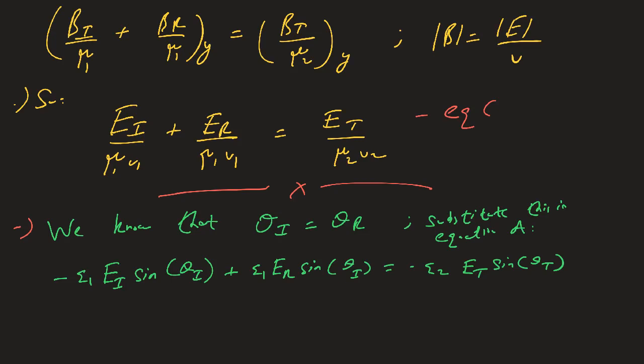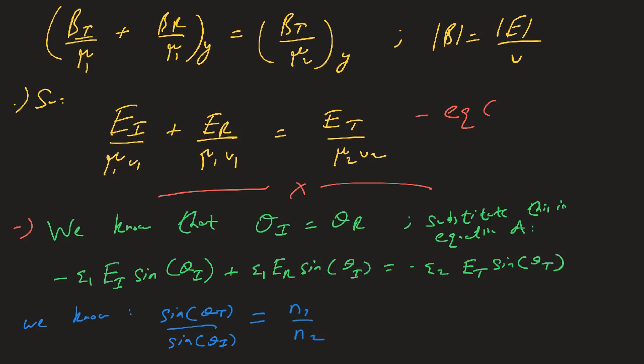But we also know now, using Snell's law, which is the third law of geometrical optics, that sine of theta t over sine of theta I is equal to the ratio of the refractive indices. So this is equal to n1 over n2.